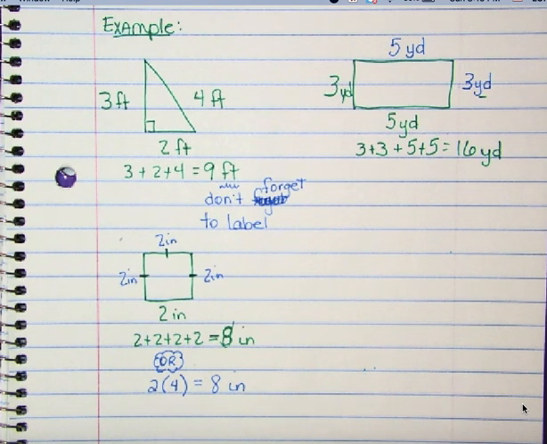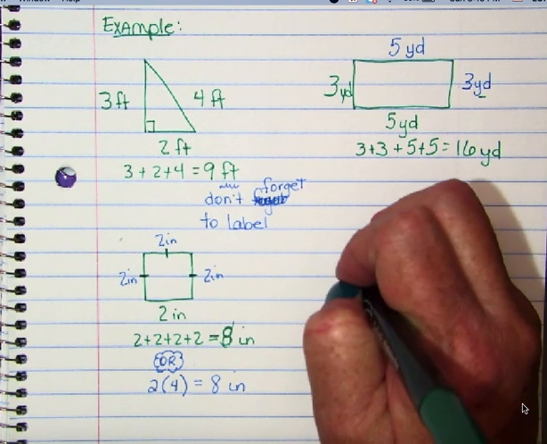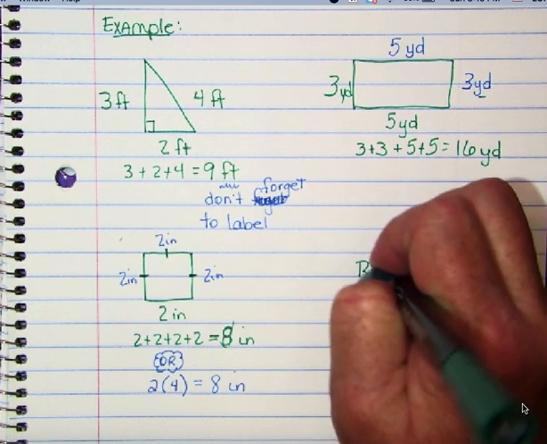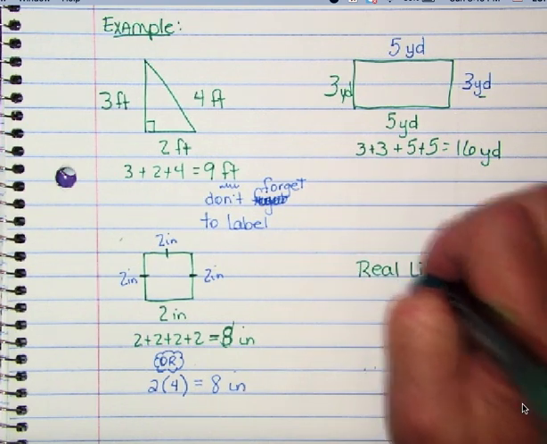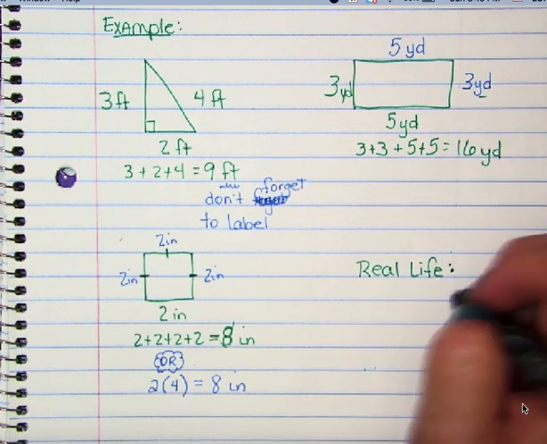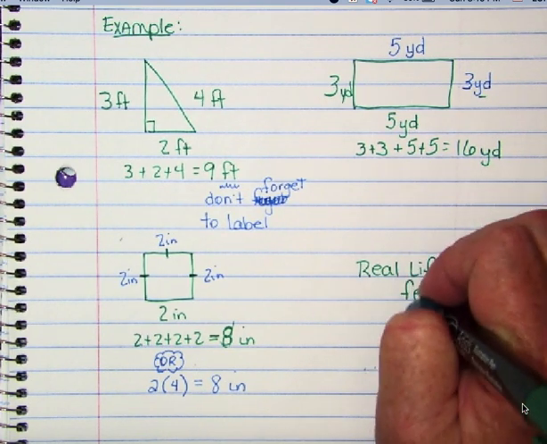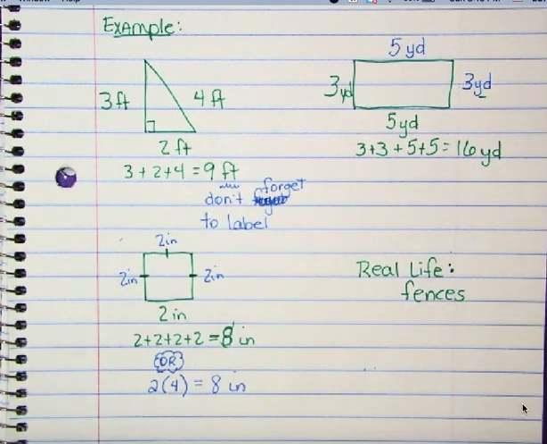So you might be thinking, when am I ever going to use this in real life? In real life, one of the most common times that you will use this is fences. If you have a fence around a part of your yard, someone had to figure out the size of your yard, and they would have measured around the edges.